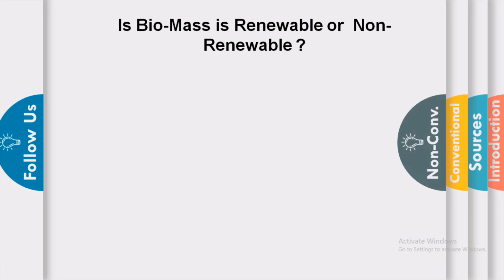Now there may be one small question in your mind, whether this biomass is renewable or non-renewable. Biomass is a renewable source of energy, as we can always grow more crops and trees, and the waste material which is needed to create biomass will always be there. So biomass is a renewable source of energy.